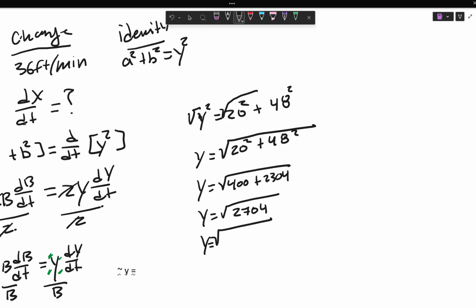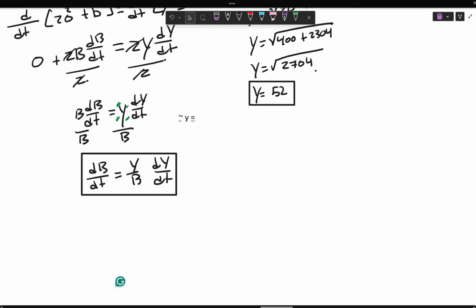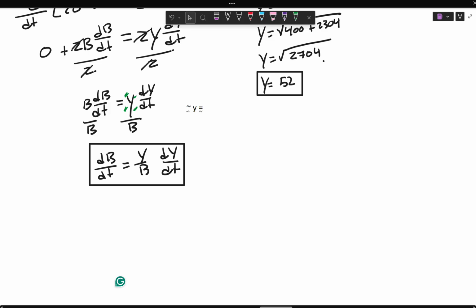And if I take the square root of that, it's 52. So y is equal to 52. Alright, so now we have all of our pieces. We find the speed of the boat by using this little formula right here. We know our y and our b and the rate, so now we can plug everything back in.